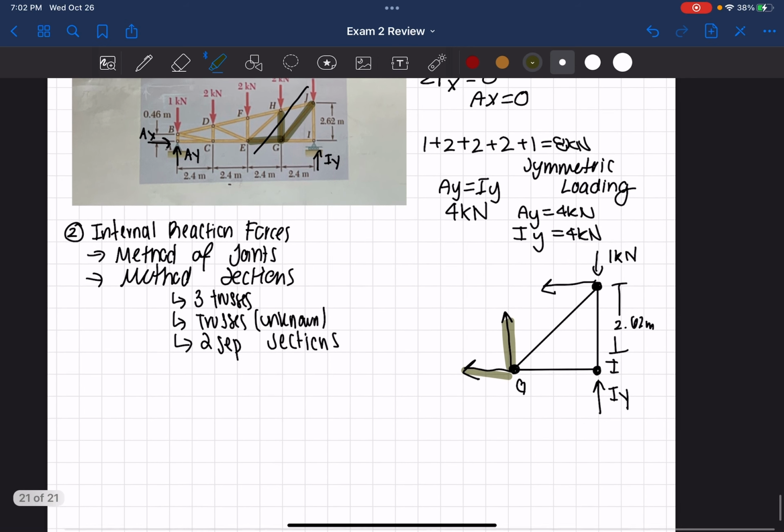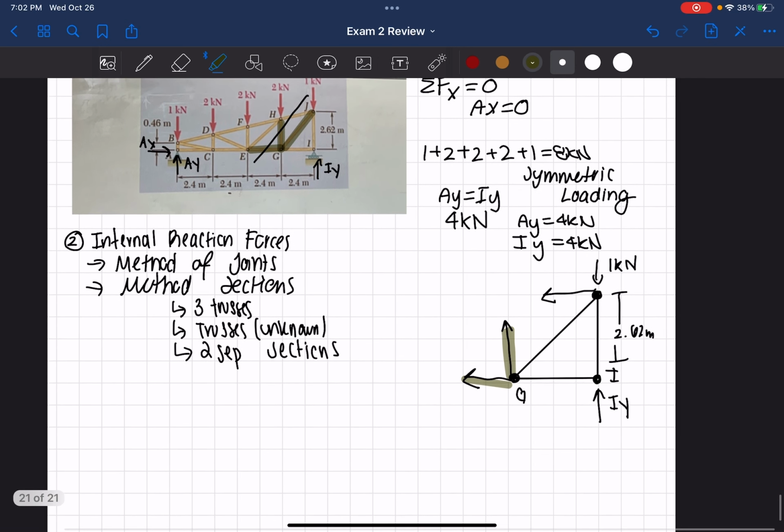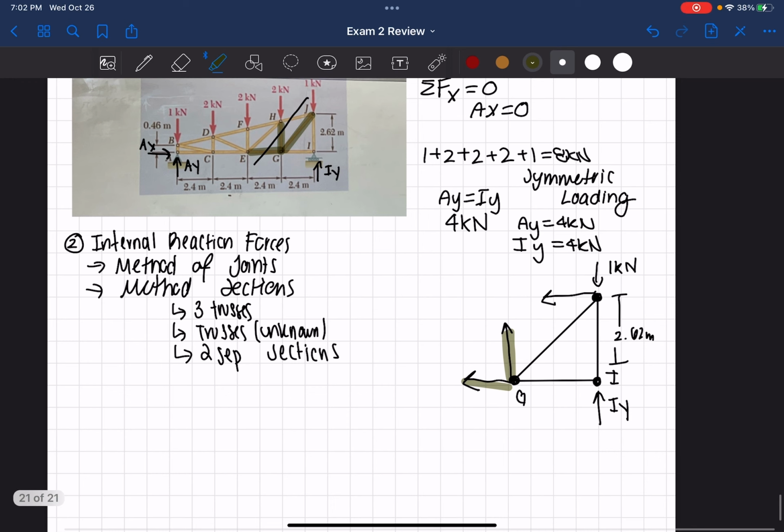Just looking at this, it doesn't seem that we have enough information to solve for our forces in x and y direction. So ideally you could take a moment about any point here, but I'm going to choose point H because that will allow me to solve for F of GE.